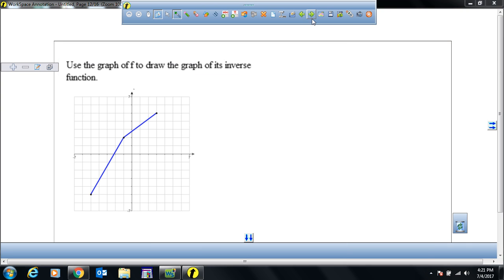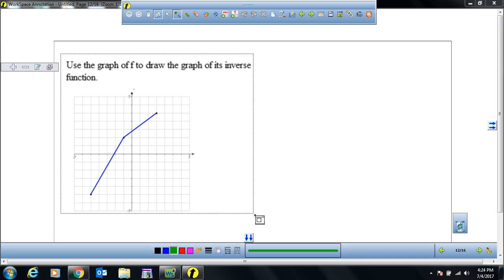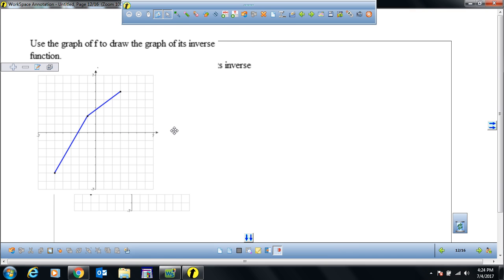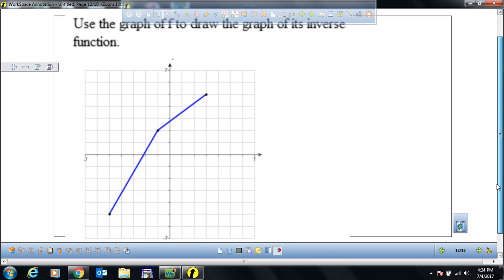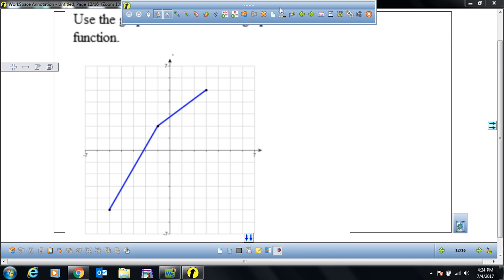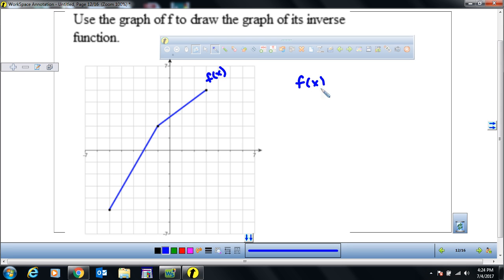Now, let's take a look at this function given here. We are going to use the graph of this function to sketch the graph of its inverse function. So this function given right here, we're going to call it f of x. So what do we know about f of x? f of x passes through the point (-5, -5).